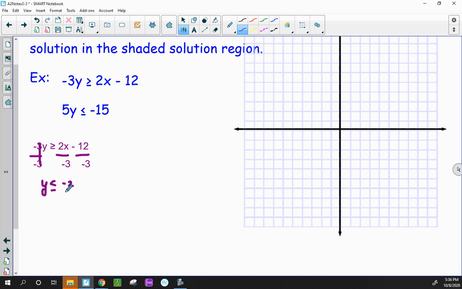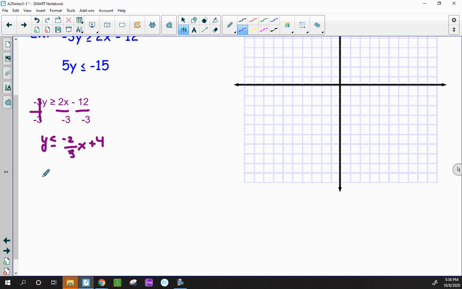You will get a decimal on your calculator, but please always use fractions, especially for slopes. And then negative 12 divided by negative 3 is a positive 4. And so it looks like my slope is negative 2/3 and my b is 0, 4.